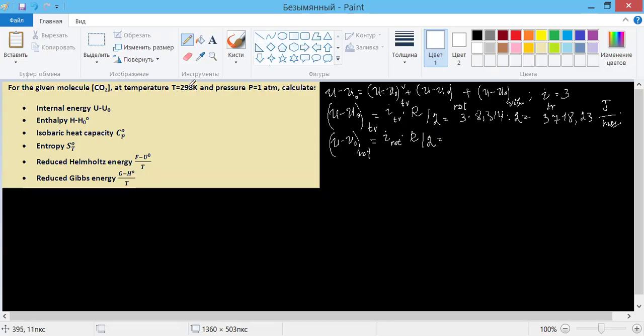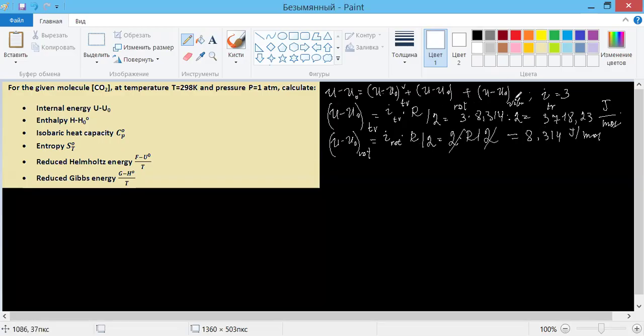It is a typical linear molecule, and it will play its role in a few moments. But right now, it's still important to take this fact into consideration. And that means that for a linear molecule, this degree of freedom in rotation motion is equal to 2. This cancels, and we've got 8.314 joules per mole. Okay, so far so good.